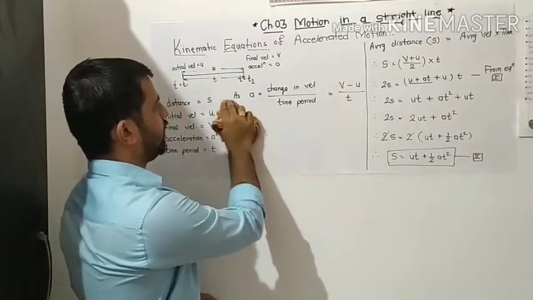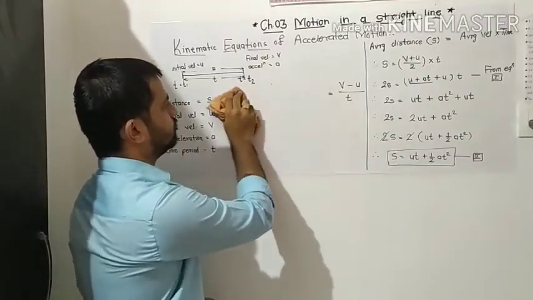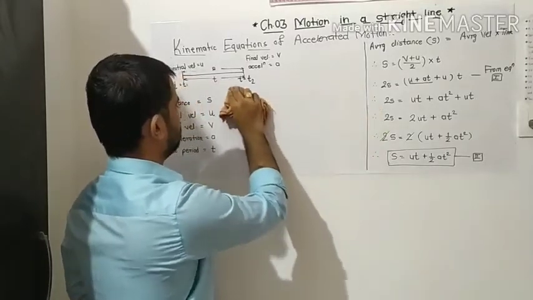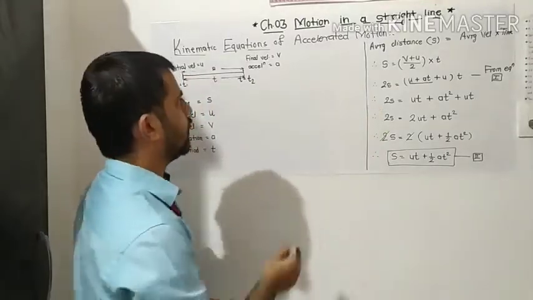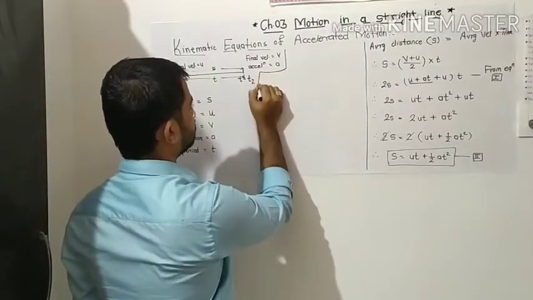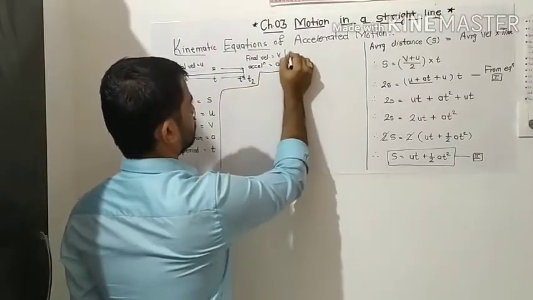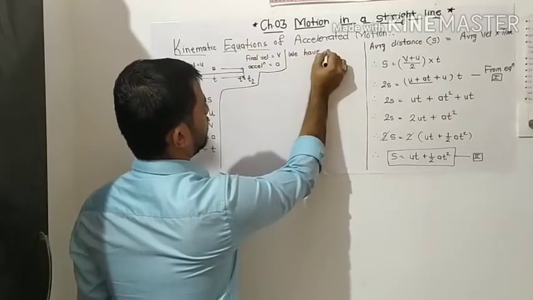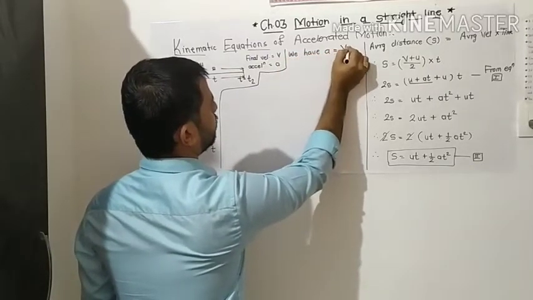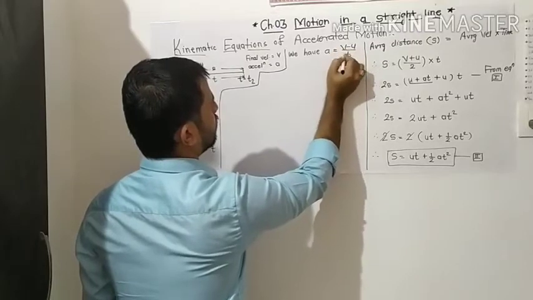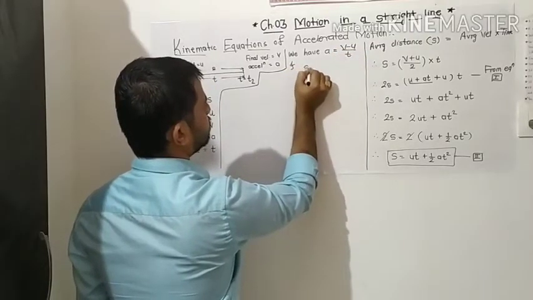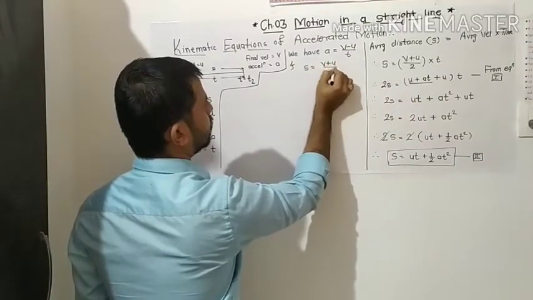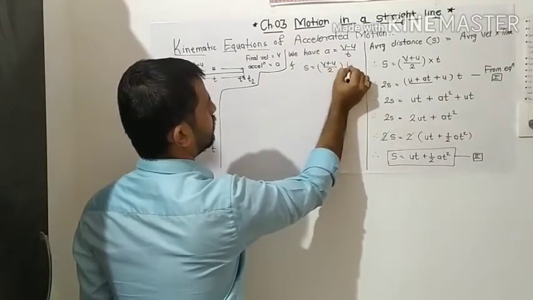Okay, we have a is equal to v minus u upon t, and s is equal to v plus u upon 2 into t.